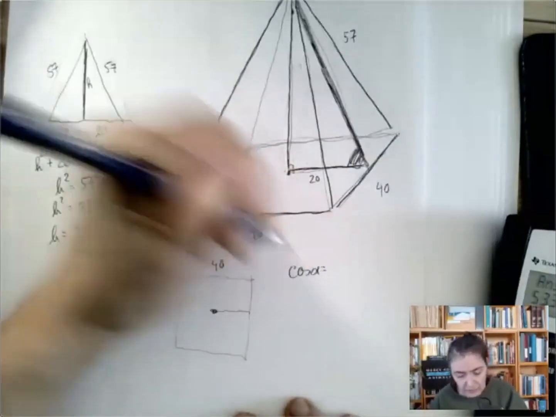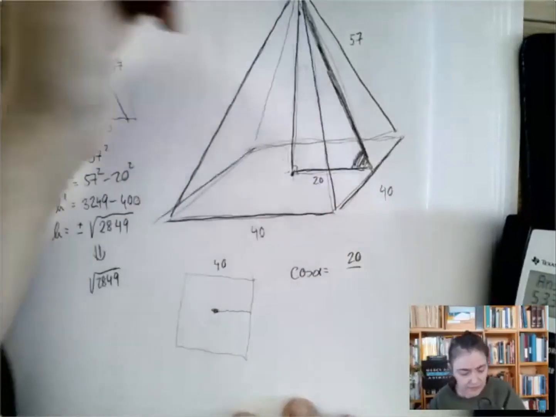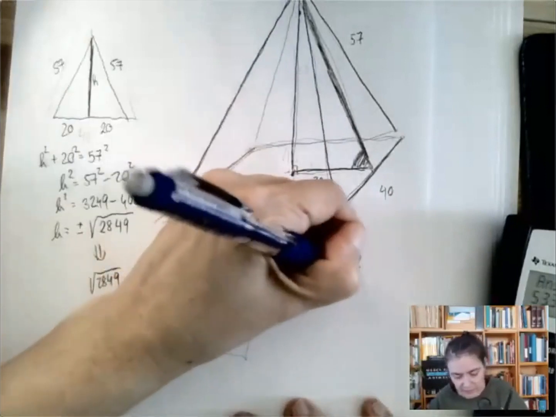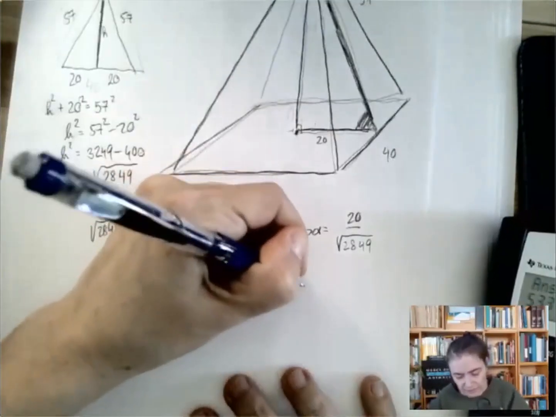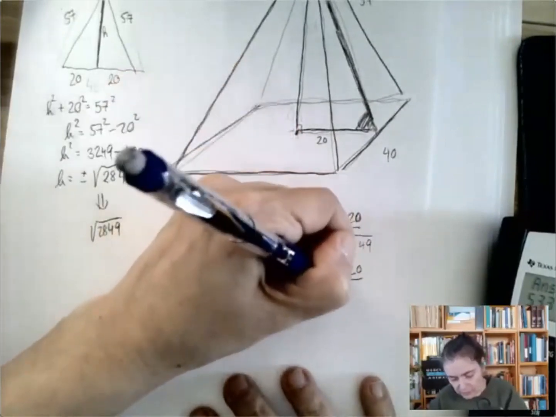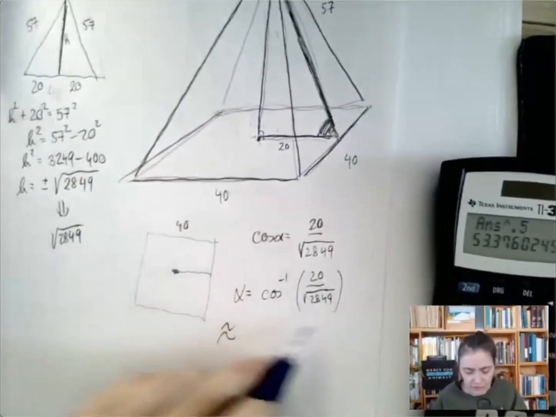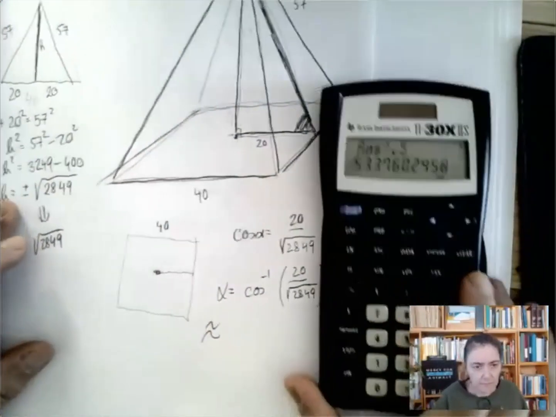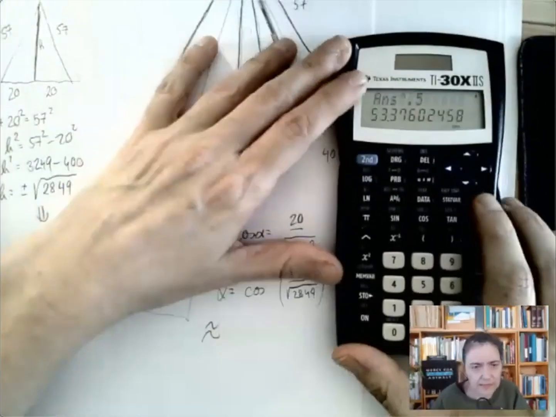Cosine alpha would be adjacent over hypotenuse, 20 divided by square root of 2849. And therefore alpha is the inverse cosine of 20 over square root of 2849. That's the exact value. It's not very pretty, but we are asked for an approximation, 3 or more decimal places.